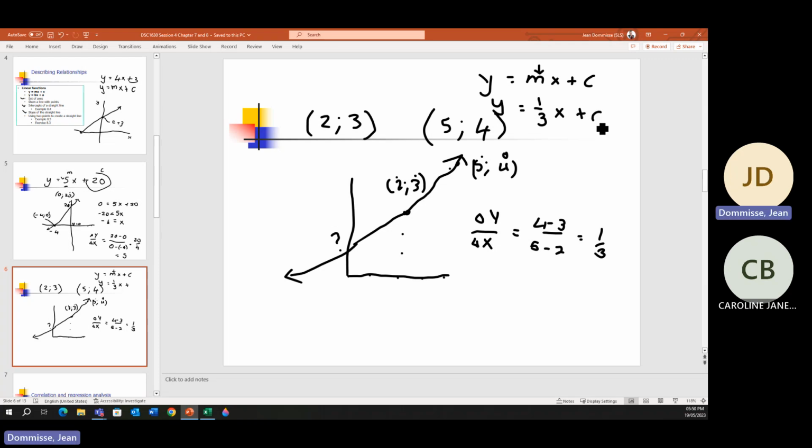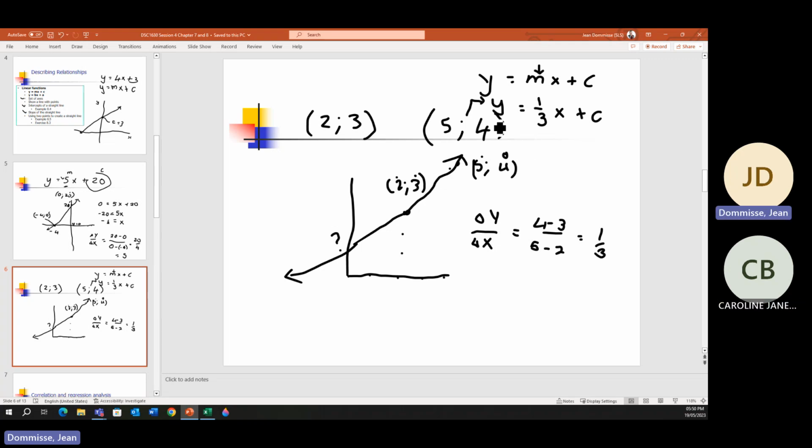Then what I can do is, I know that this point actually lies on that line. So I can replace into this, and let's say I replace into here the 5 and 4.